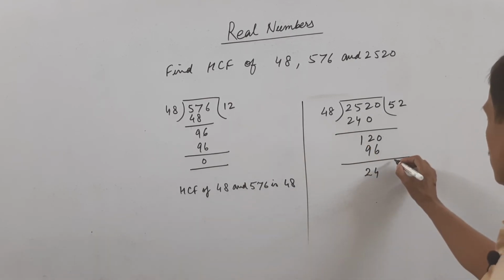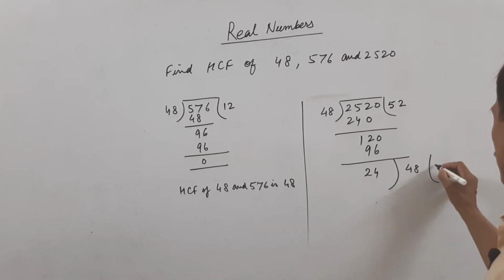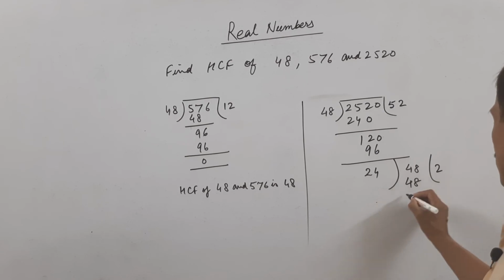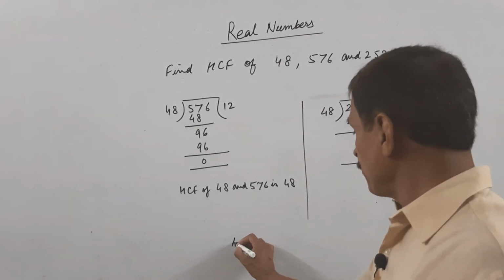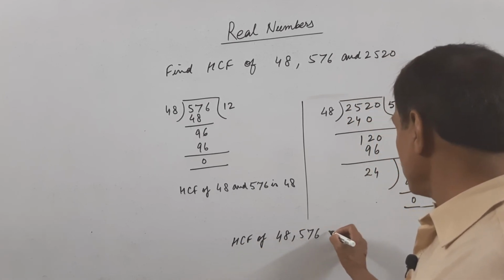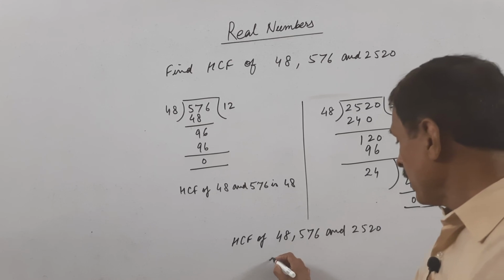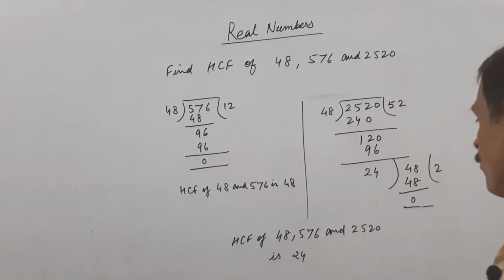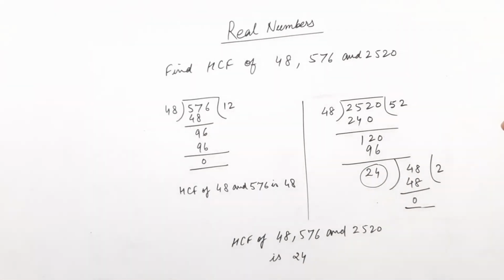Now 48 is the dividend and divisor is 24. 24 2 times 48 and the result is 0. Thus we can say HCF of 48, 576 and 2520 is 24, the last divisor over here. This is how we can find the HCF of more than 2 numbers.